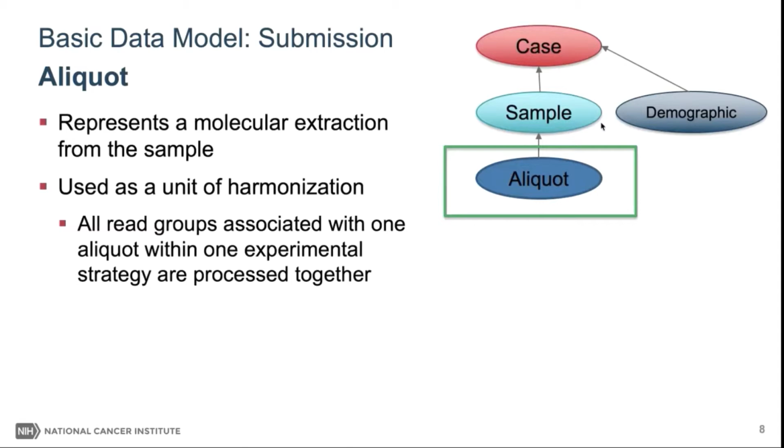I'm going to go into read groups in a second, but the idea here is that if you had 5 whole exome read groups attached to this aliquot, those would all be processed and aligned together. And if they were spread over 5 different aliquots, they would all be processed separately.